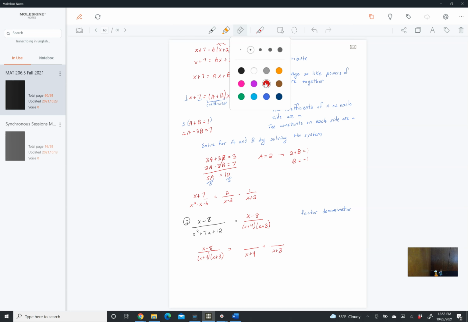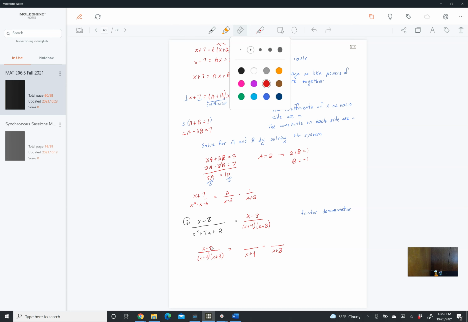And keep in mind that this makes sense because when you find the common denominator, you get x plus 4 times x plus 3 as your common denominator here. And you're saying, okay, well, I need numerators where when I add them, I get x minus 8. So that's what's going on here, okay? We're trying to make this work like that.